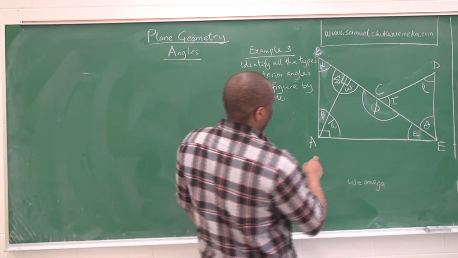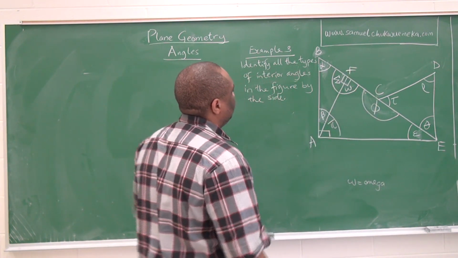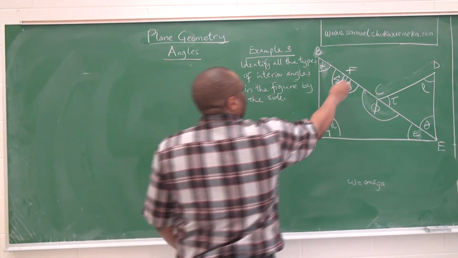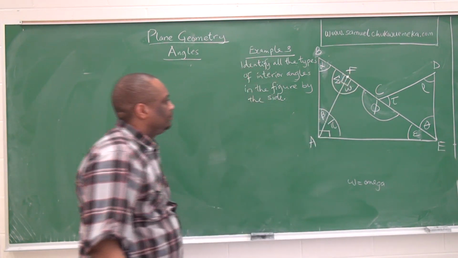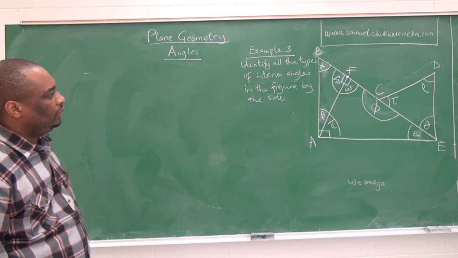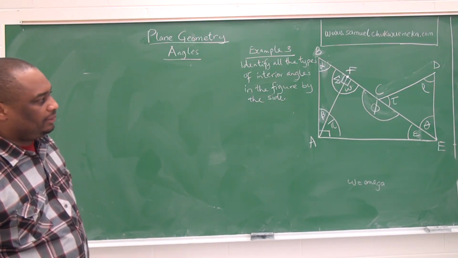Okay. Now I didn't write this. This should be F, because it's a vertex here. Yeah, F. I think we've identified all of it.